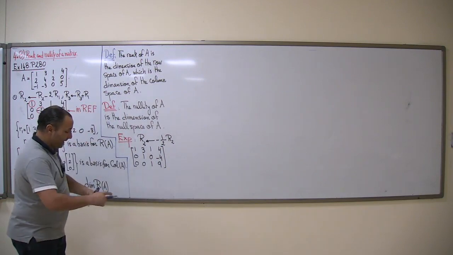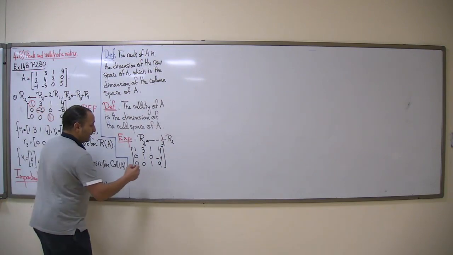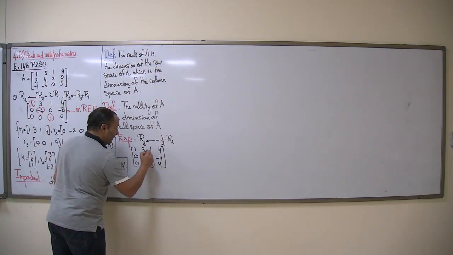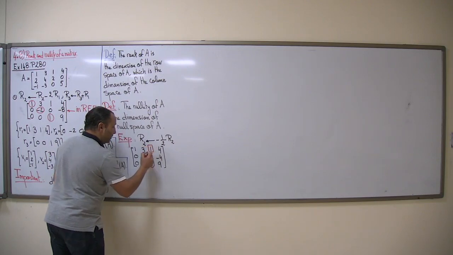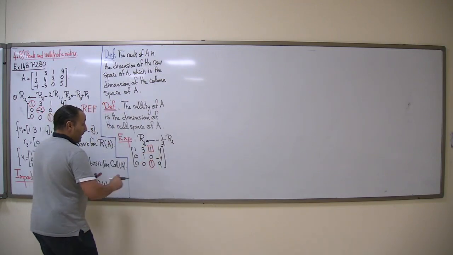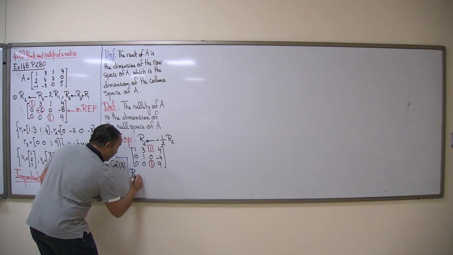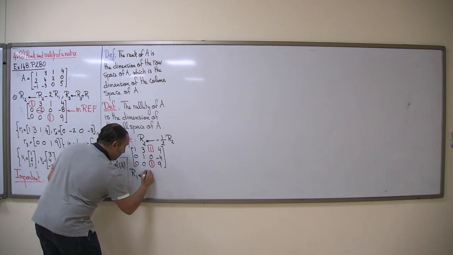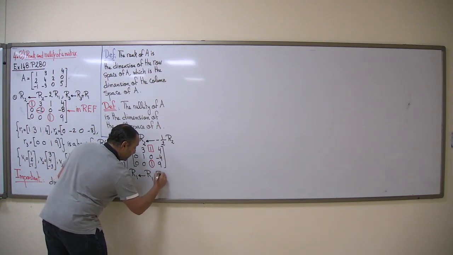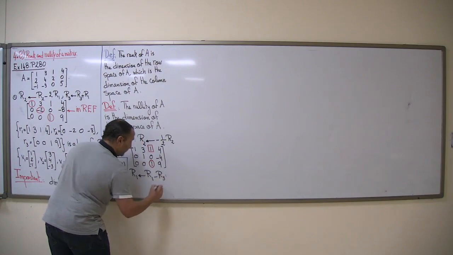Then I use the pivot here to make this entry equal to 0. So I'm going to say R1 becomes R1 minus R3.